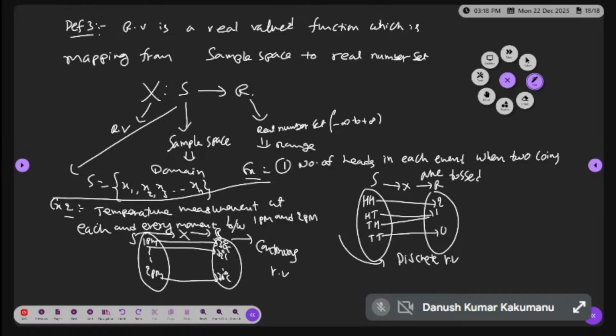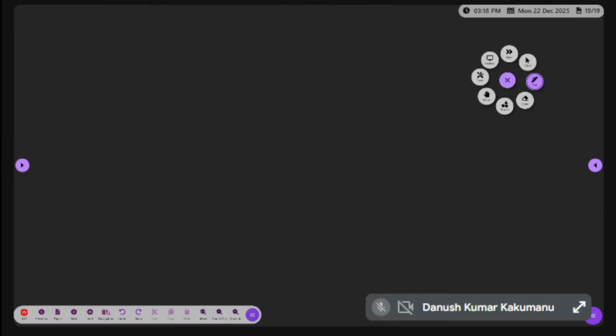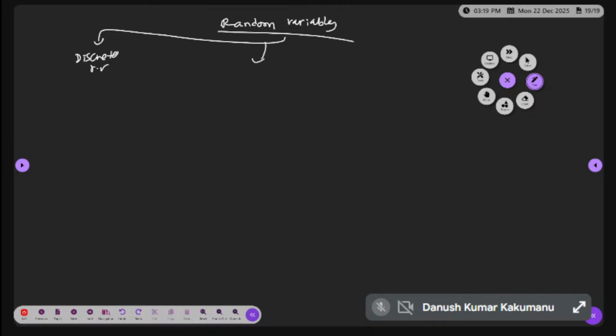Next, what are the types of random variables? Discrete random variable, continuous random variable, mixed random variable.